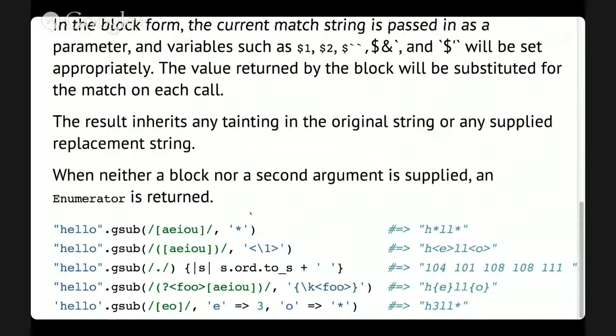And we can also just pass in normal strings here. So you don't have to use a regular expression. You could just have a string as your pattern in case you wanted to just replace some simple thing. And you can even have a block that determines what gets used to substitute.